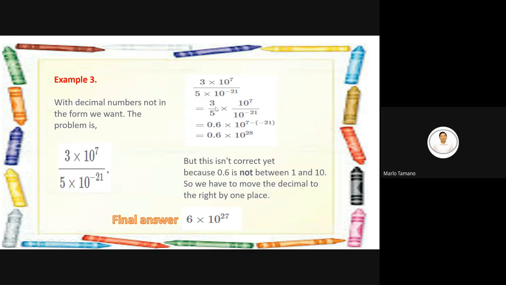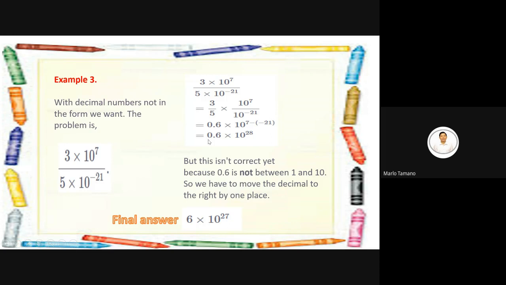Pagkatapos, i-divide na natin. 3 divided by 5. Anong sagot? 0.6 po. Okay, 0.6 times 10 to the 7 minus negative 21.